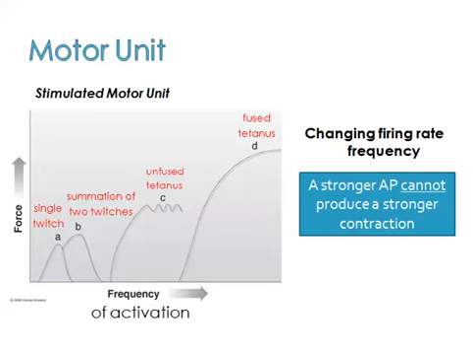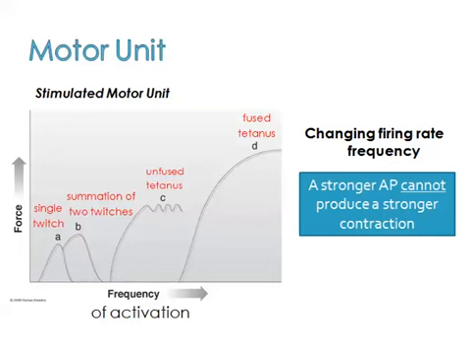In other words, as we go from left to right in this image, the frequency of activation of a particular motor unit is increasing. So those neural impulses are happening faster between each other. In other words, there's less time between activation as we go from left to right.